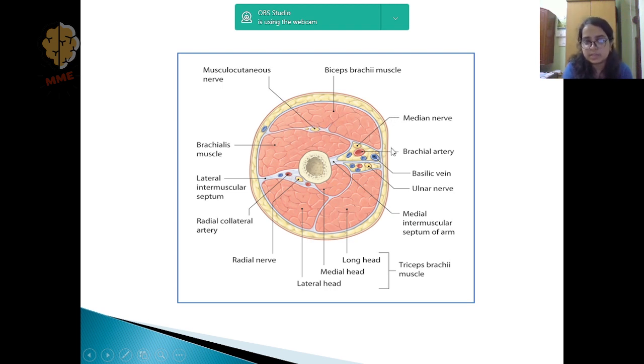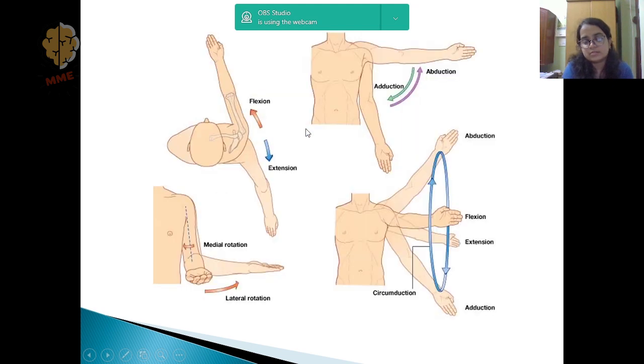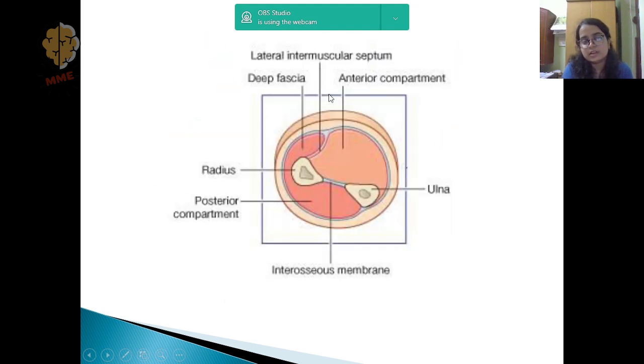And this is the deep fascia, continuous with the deep fascia. So similarly, if you see the forearm, laterally there is this lateral intermuscular septum. There is a radius, then there is an interosseous membrane between the radius and the ulna, and this is the ulna.